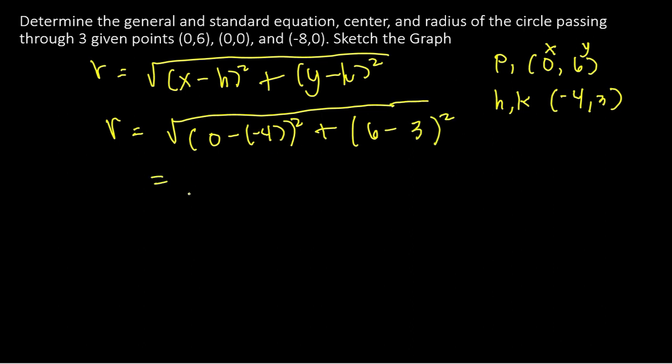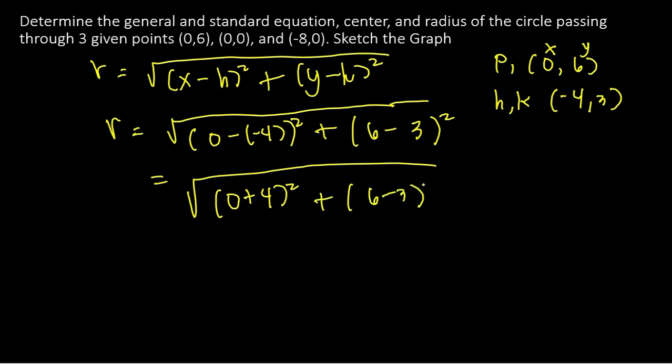So next, let us apply PEMDAS. Unahin natin yung nasa loob ng parenthesis. So negative multiplied by negative, we have positive 4. So we will have 0 plus 4 square plus 6 minus 3 square. So ngayon, simplify naman natin yung value na nasa loob ng ating square root. So we have 0 plus 4, so we have 4 square plus 6 minus 3, we have 3 square.